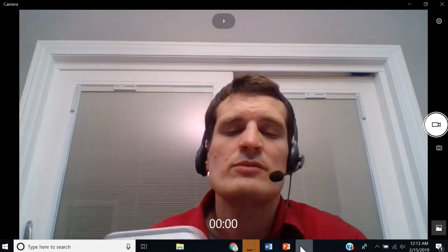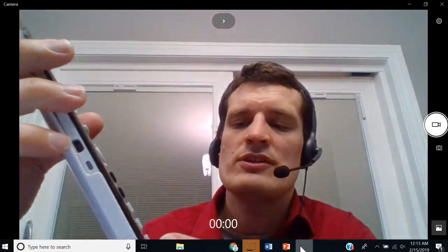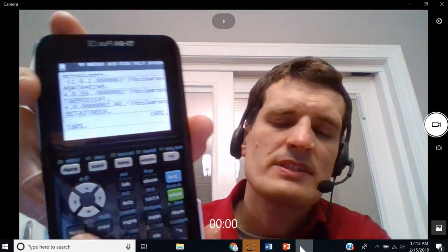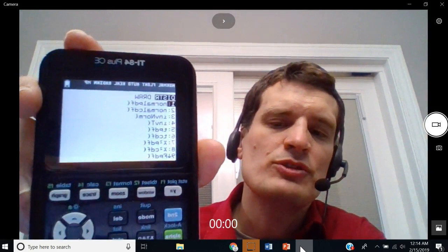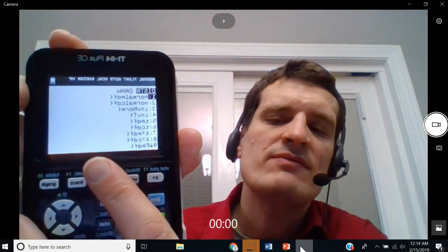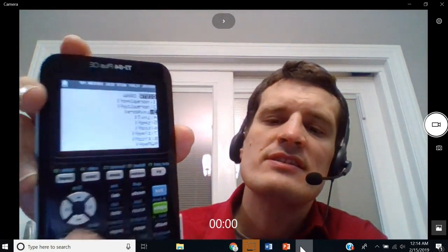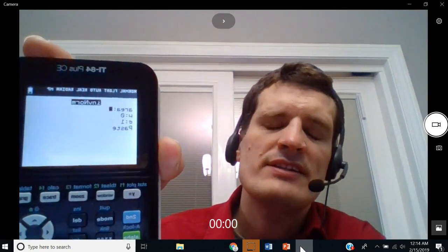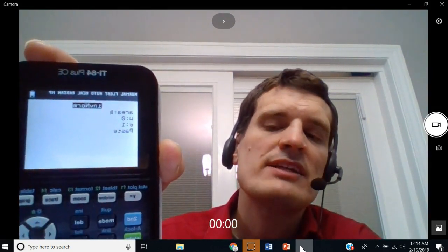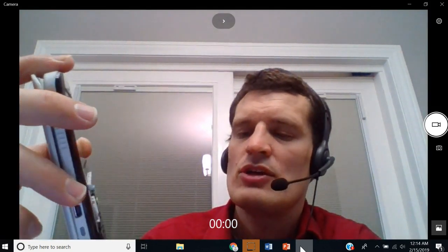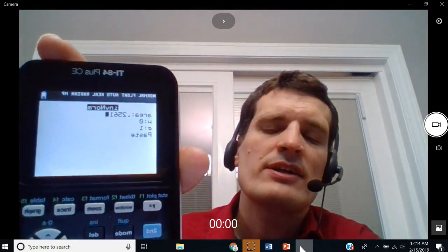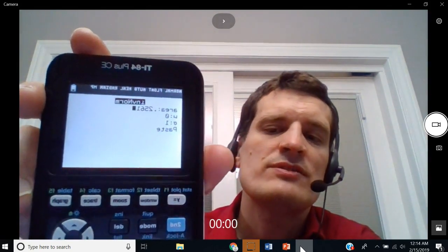Now, as far as inverse norm goes, I'll just show you this once. Calculator, again, that same distribution menu. You'll notice the inverse norm is number 3 on that distribution menu. Now again, there's two operating systems. One, you'll have this where it'll say area, mean, standard deviation.